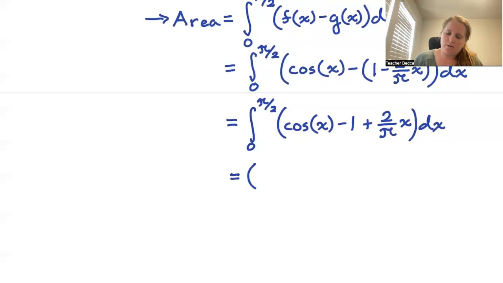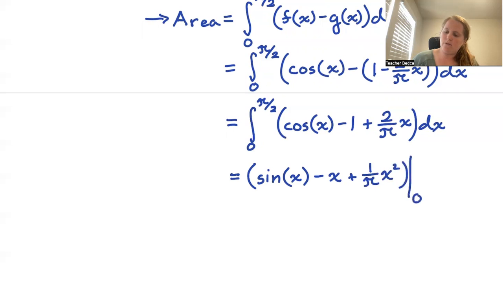This becomes sine of x minus x, and then we would have plus 1 over pi x squared, evaluating from 0 to pi over 2.